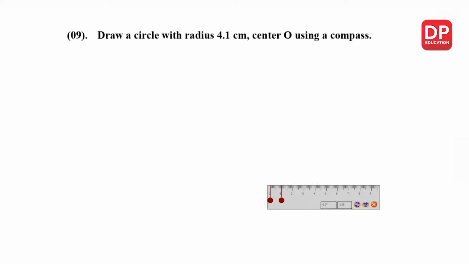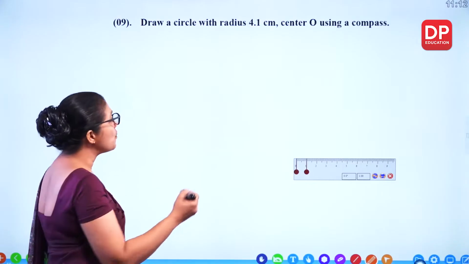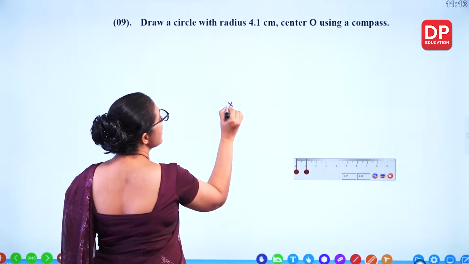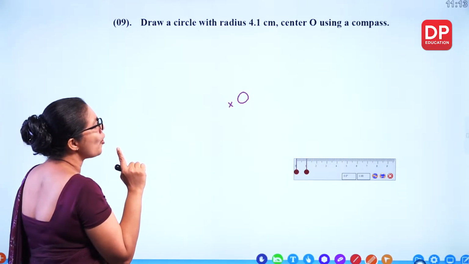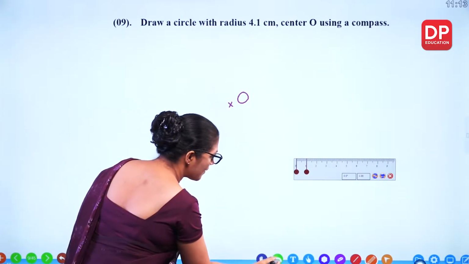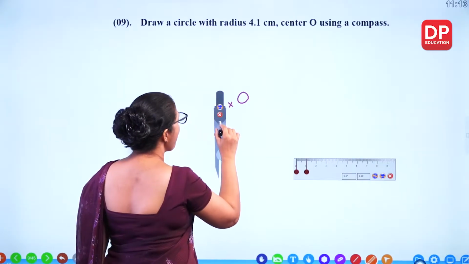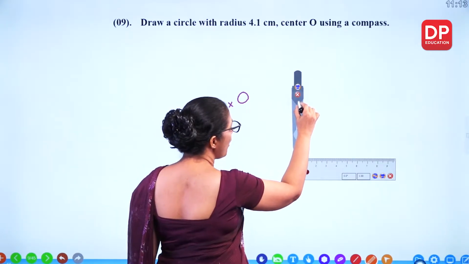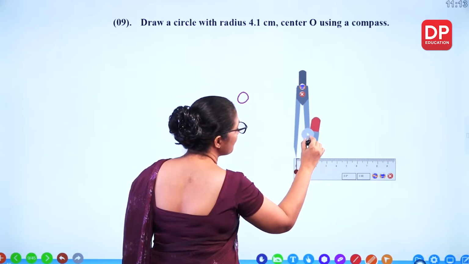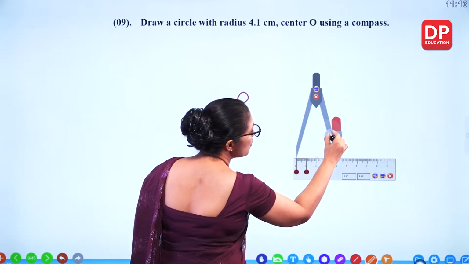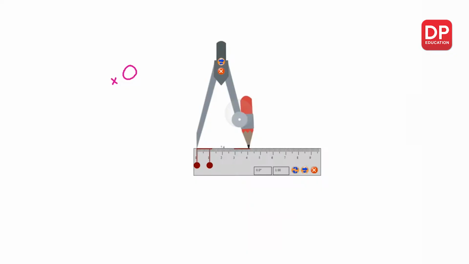Draw a circle with radius 4.1 centimeter with center O using a compass. So what we do, you can take any point O. 4.1 centimeters. So take the compass. Now you have to take 4.1 centimeter length. 4.1, this length.